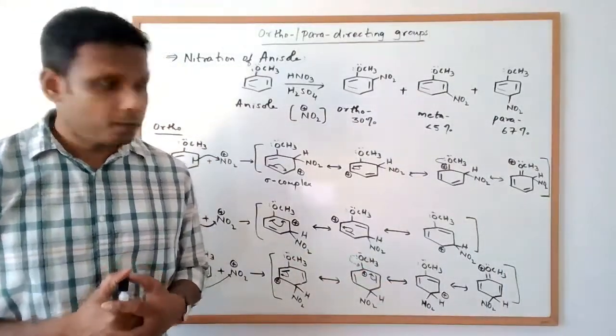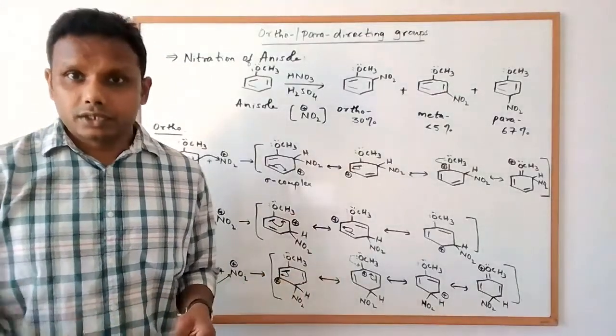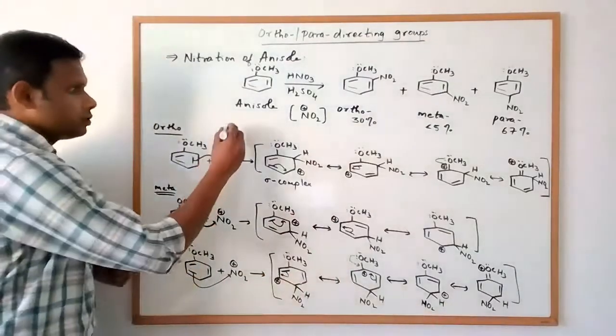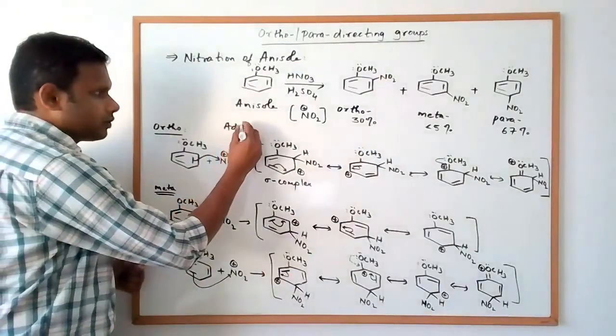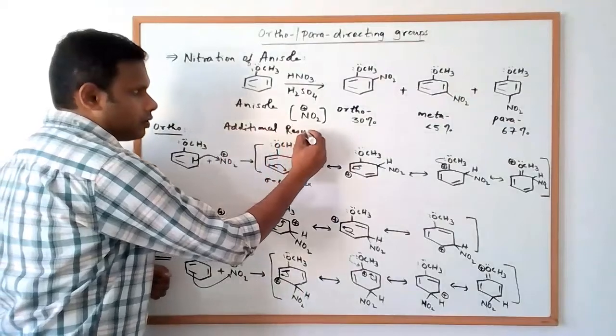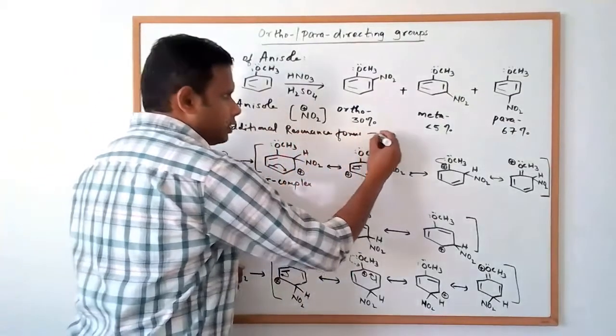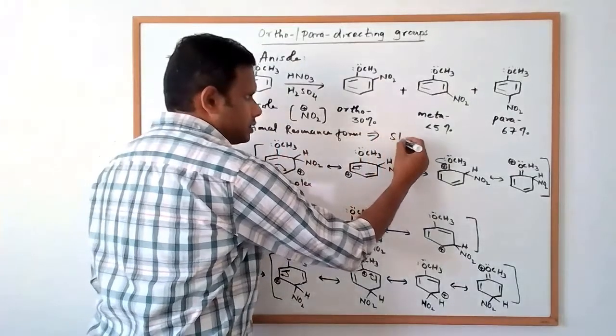Now, as we already know, an additional resonance form means additional stability. Okay, so additional resonance forms imply stability.